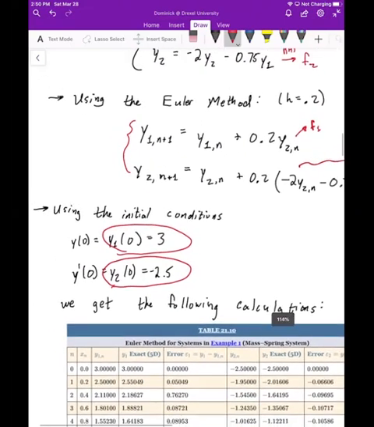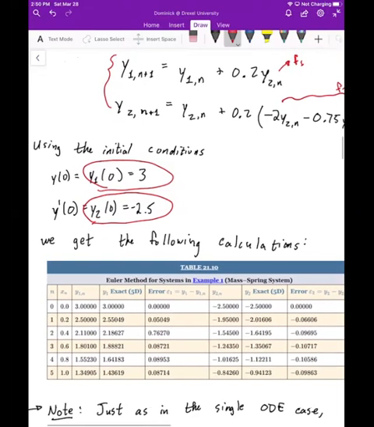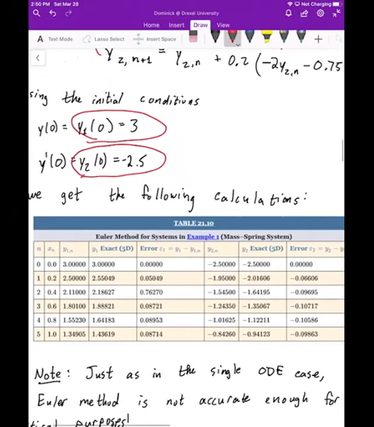Now, just for the sake of time and also for the sake of sanity, we're just going to summarize what you would get for the computations in this table. You can see that the exact solution is given here, and this column represents your error terms.